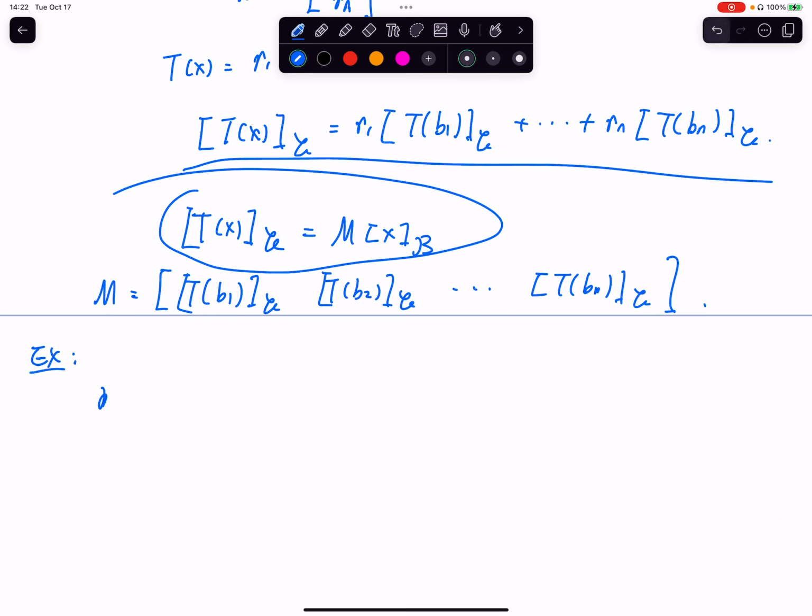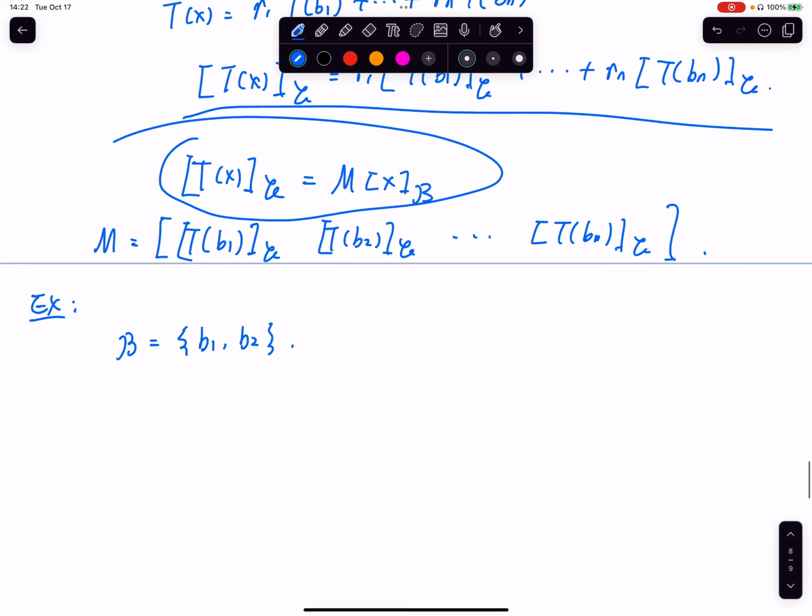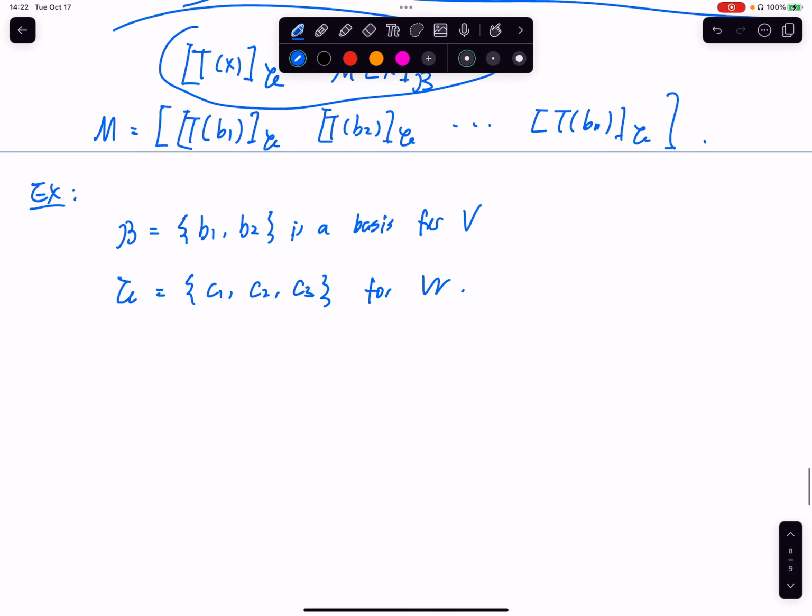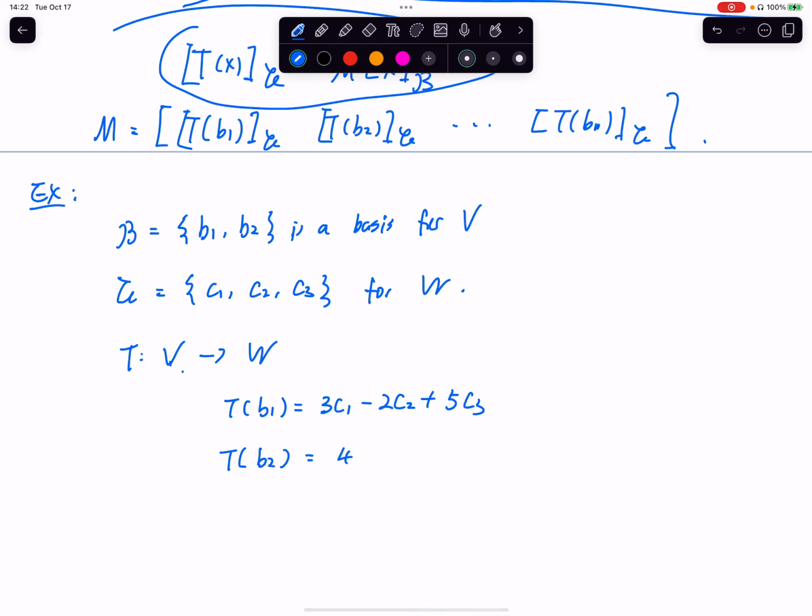Suppose our basis B has b1 and b2 as its elements and is a basis for V, and C has c1, c2, and c3, which is a basis for W. We know that T from V to W is a linear transformation with T(b1) equals 3c1 minus 2c2 plus 5c3, while T(b2) equals 4c1 plus 7c2 minus c3.